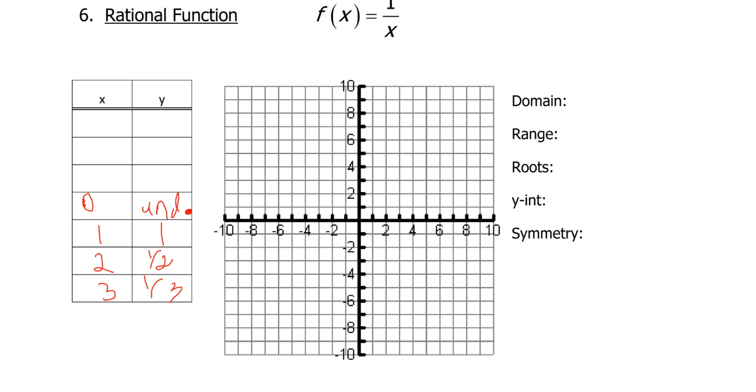We have negative 1, negative 1, negative 2, negative 1/2, my fault, negative 3 and negative 1/3. I'm trying to talk too fast. That's going to look a little odd at first, but that's okay.